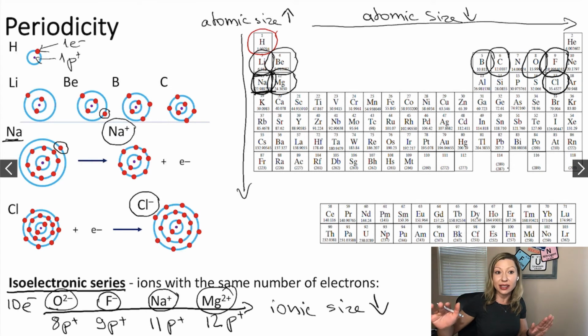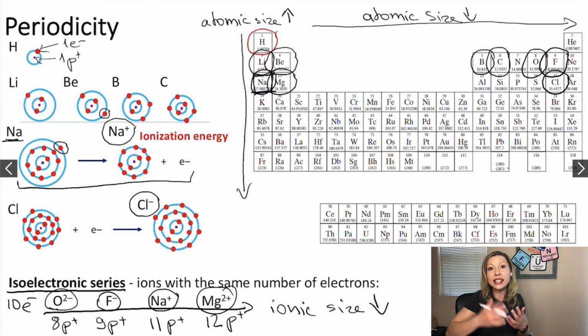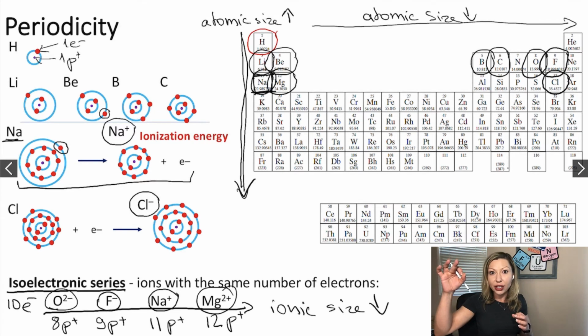Let's talk about ionization energy. Ionization energy is just the energy that is needed to remove an electron from a neutral atom in the gaseous state. So, for example, when we are making an A plus right here, the energy associated with that process is called the ionization energy. Now, let's think about this. As we go down in a group, the loosest electron, the one furthest away from the nucleus, gets further and further away because our atomic size is increasing.